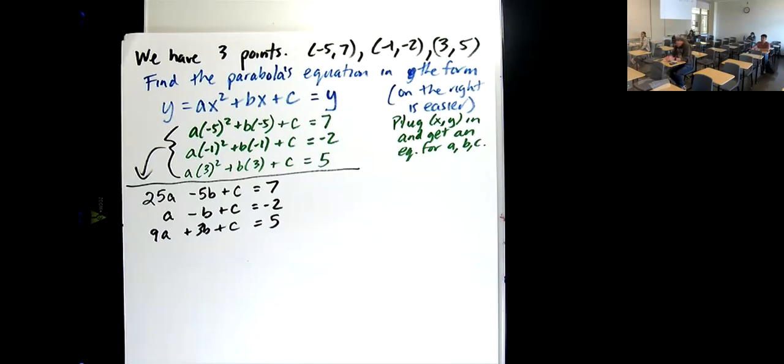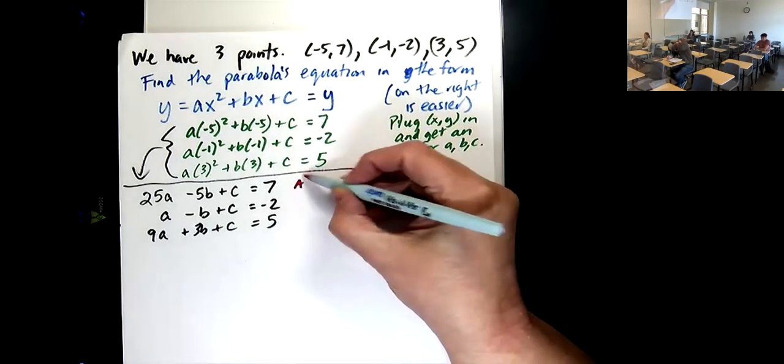All right, you guys ready? We've got to get rid of a letter. The middle equation has a coefficient of 1 for all of them. Any options here? I kind of like that C, because all I have to do is some subtraction.